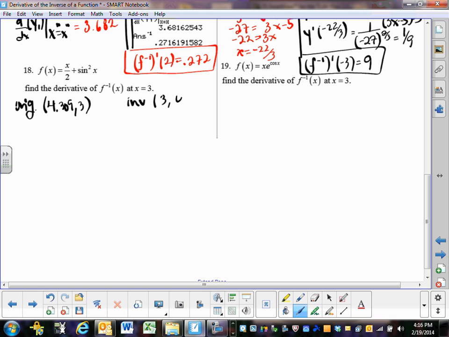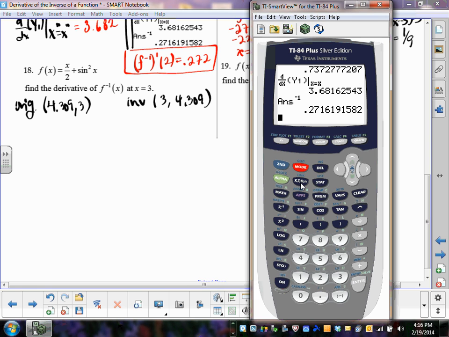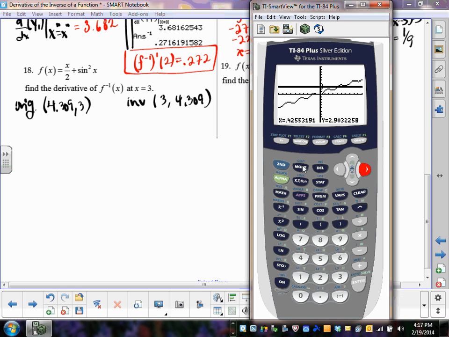So the derivative of the original is 1/3 3x minus 5 to the negative 2/3 times 3 because of the chain rule. So that'll cancel, and we just have 1 over 3x minus 5 to the 2/3. So the original derivative at negative 22 over 3 is going to be 1 over negative 27 to the 2/3, which is 1 over 9. So the inverse derivative at negative 3 is 9 over 1.